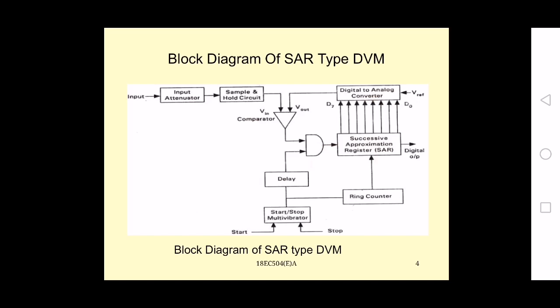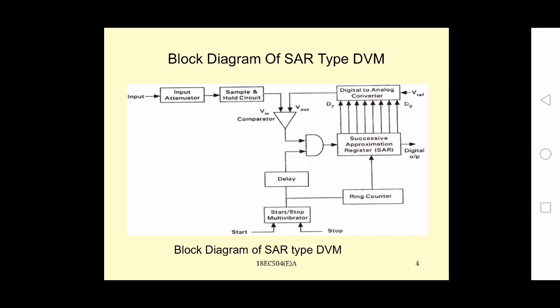Okay, so have you completed this diagram? Here, whatever input value you want to measure is given to the attenuator, and through the sample and hold circuit it is applied to a comparator circuit. We compare the input voltage with the digital to analog converter output voltage.